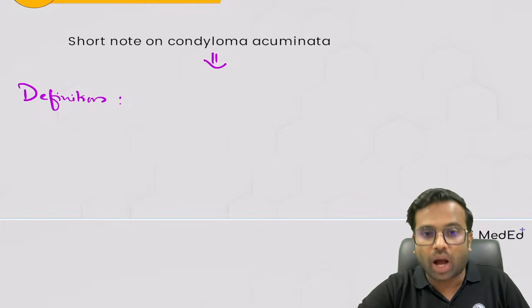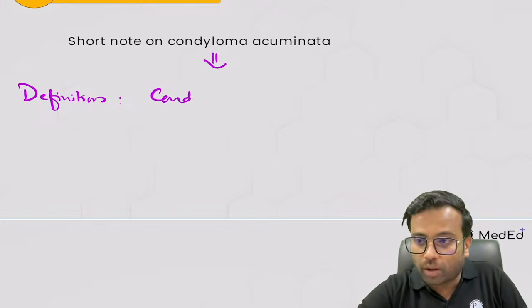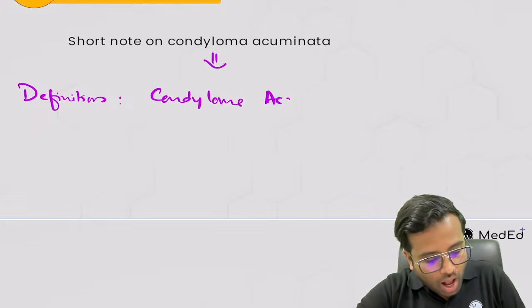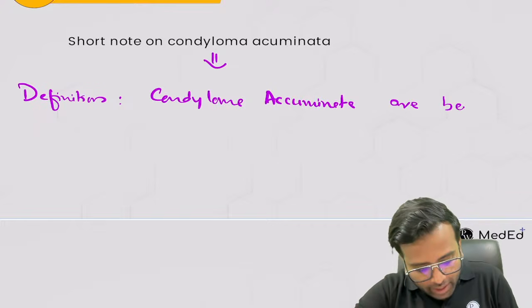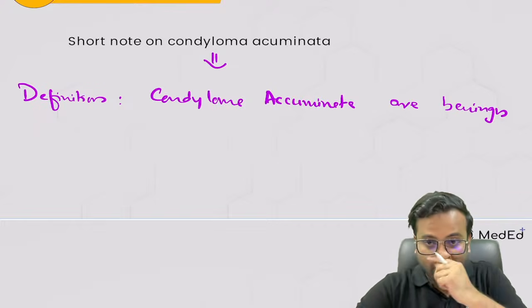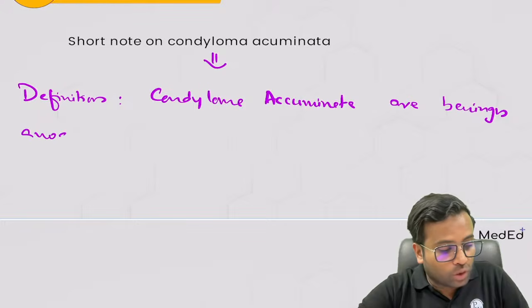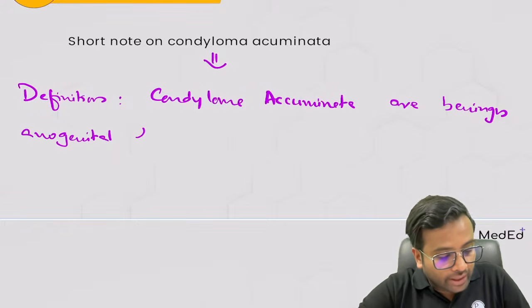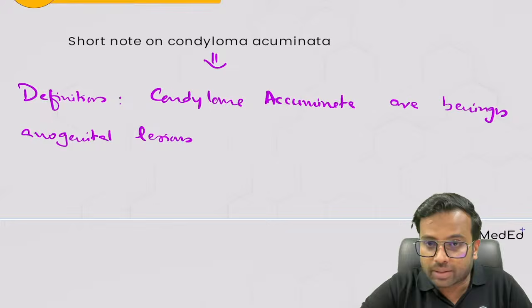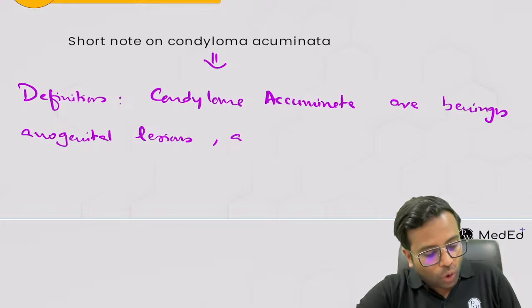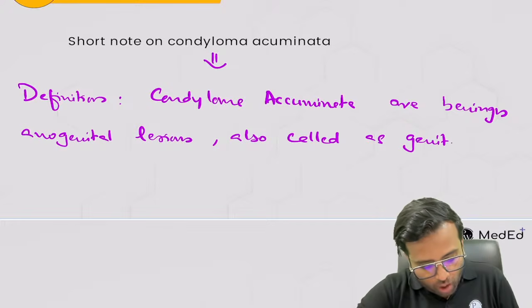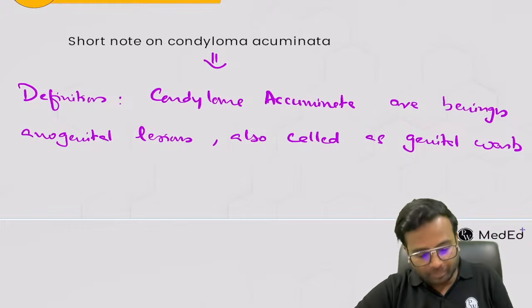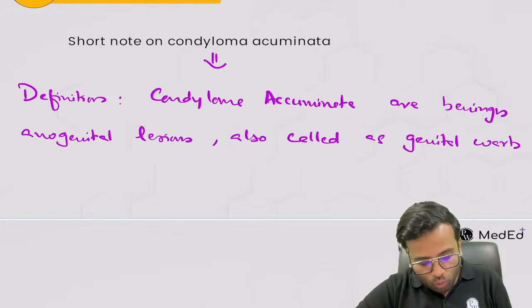Condyloma acuminata are benign anogenital lesions, which are also called genital warts.